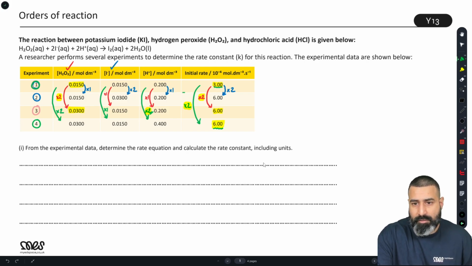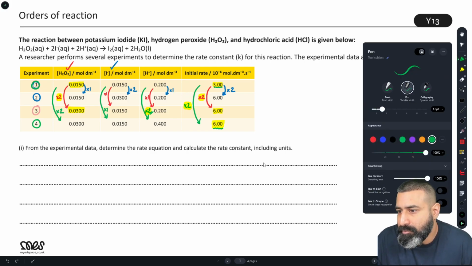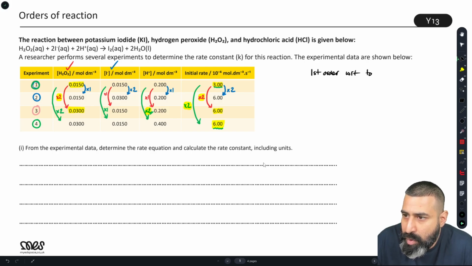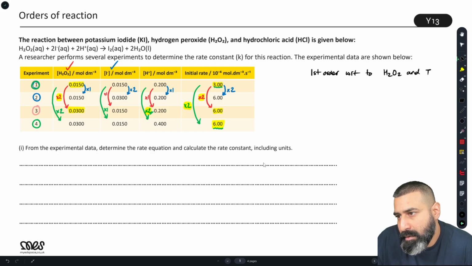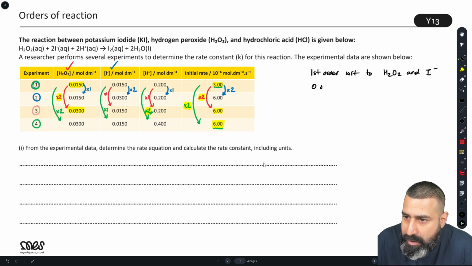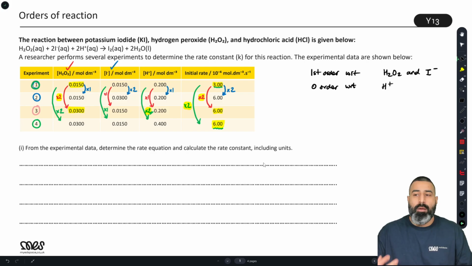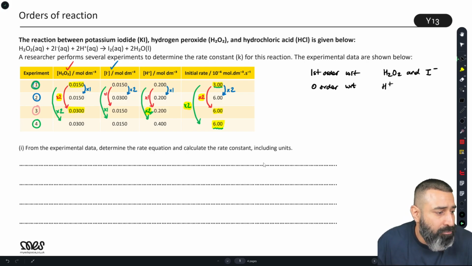Okay, so let's just write this out. So first order with respect to H2O2 and I minus, 0 order with respect to H plus. Okay, where do we go from this? Now I can write my rate equation.